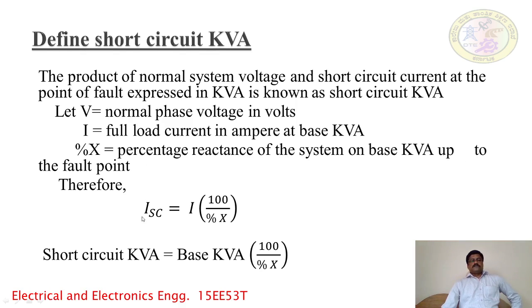Therefore, the short circuit current is equal to the full load current in the system into 100 divided by percentage of reactance. So finally, the short circuit kVA is equal to base kVA into 100 divided by percentage of reactance.